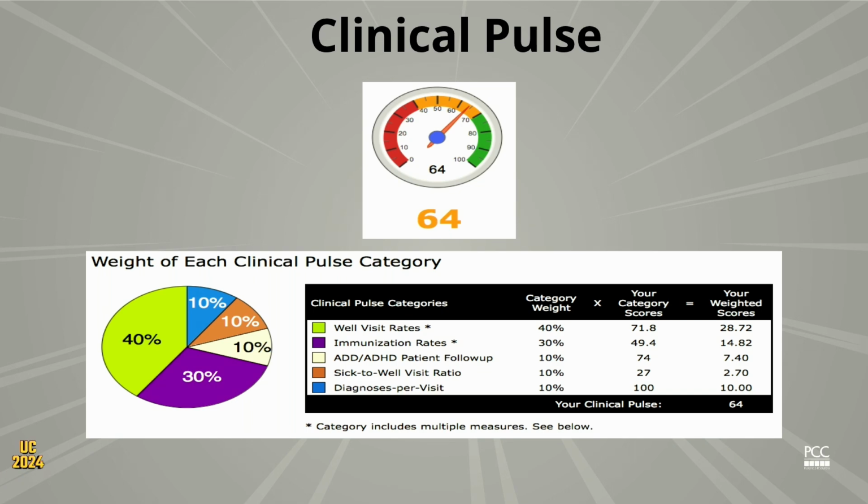We haven't updated this in a while, but maybe at some point we'll reimagine or recalculate the clinical pulse to include things like depression screening and other screenings. But right now, I just want to let you know, this is how that's calculated, with well visit rates being the most weighted measure of all of the measures included here.